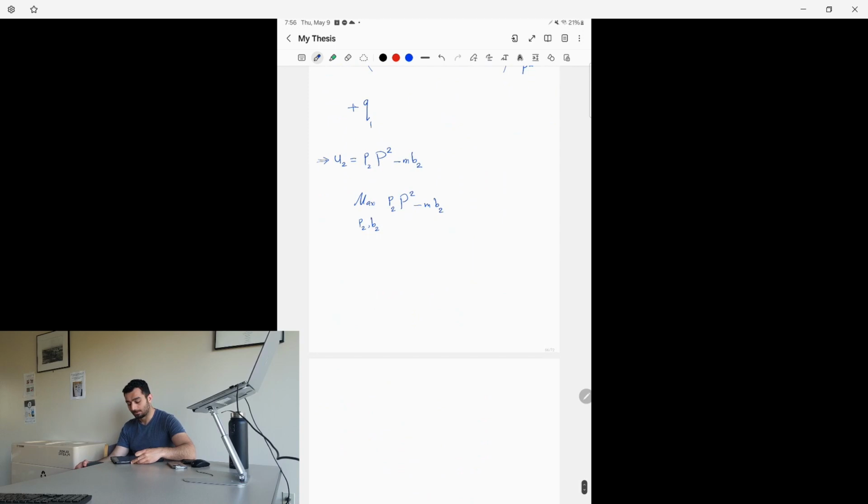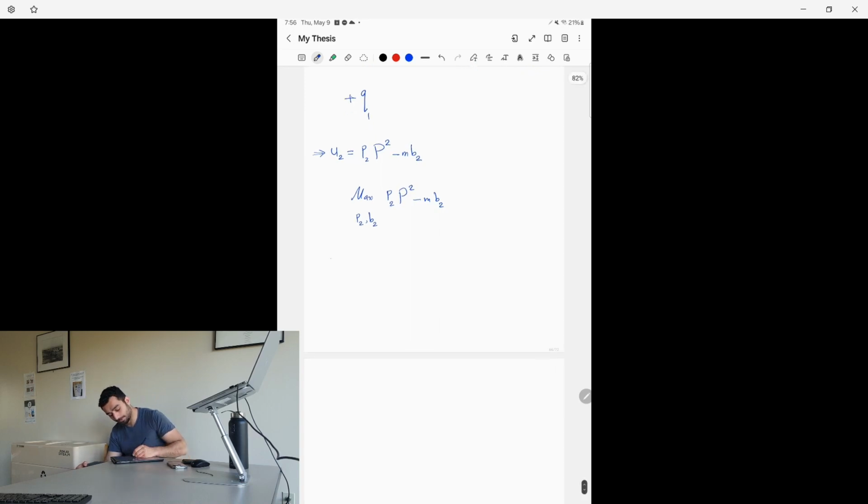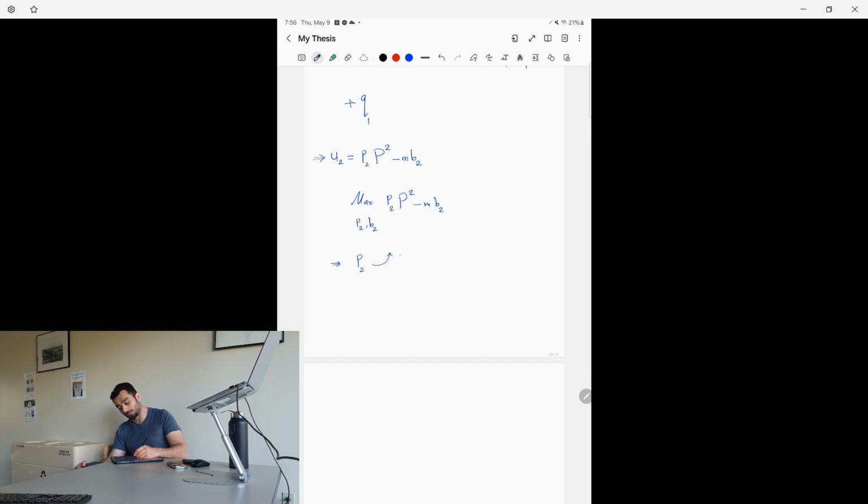So we choose P2 as the maximum, which is bounded by Q2, and B2 is just an assumption I have, as minimum 0, right? So P2 will be Q2.